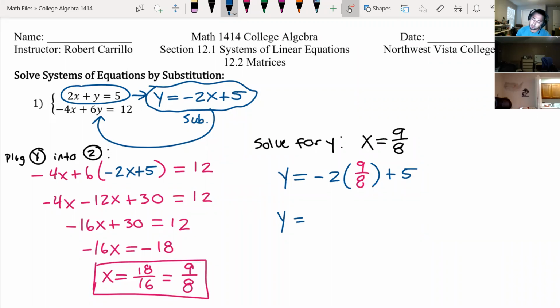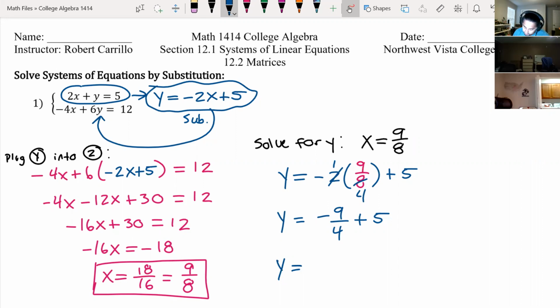Simplify, and we're going to get negative 9 over 4. So this 8 becomes a 4. That 2 becomes a 1. We get negative 9/4 plus 5. And then put negative 9/4 with 5, add those two together, and that should give me 5 times 4 is 20, and 20 minus 9 is 11.